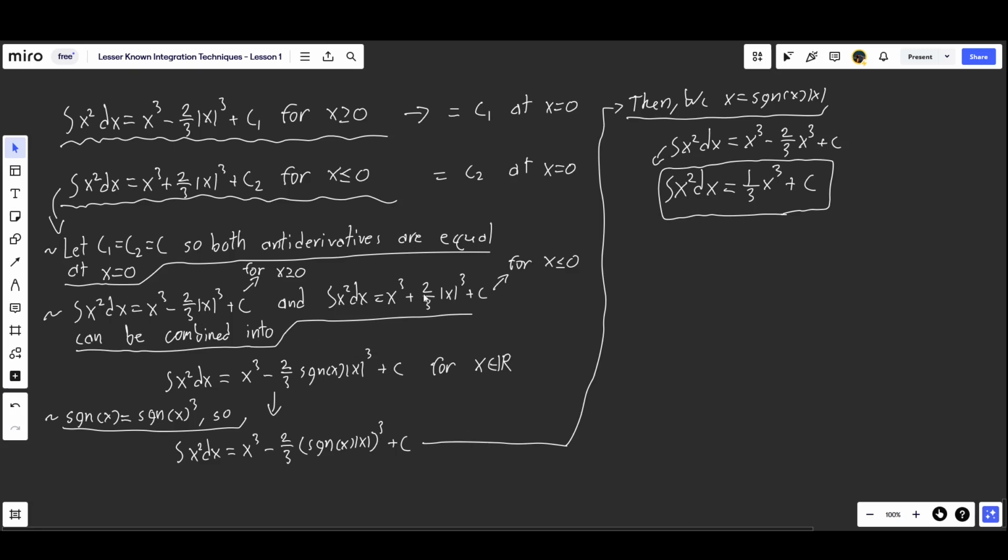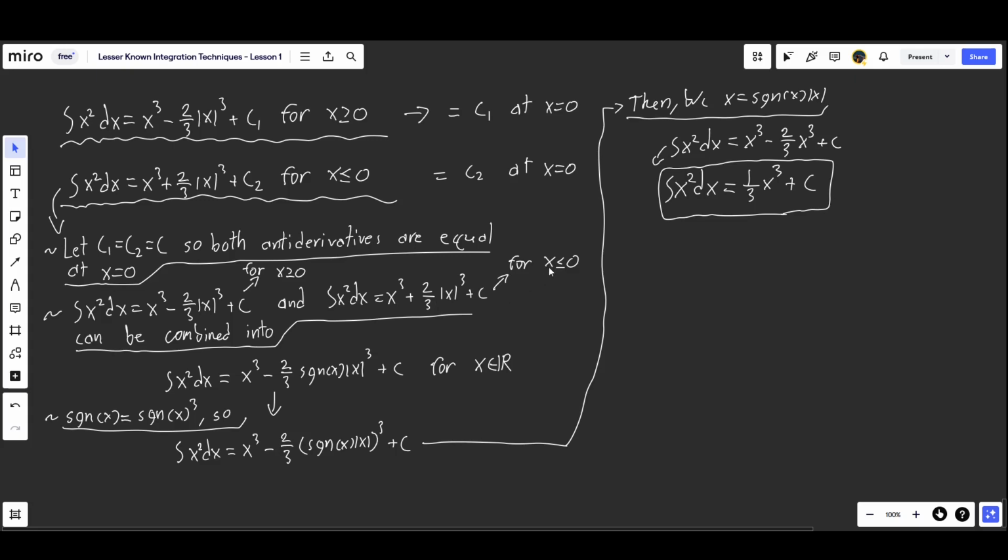Now, because these two antiderivatives only differ from each other by the sign before the 2 over 3, we can further combine them into one antiderivative by recognizing that for x greater than or equal to 0, because x is positive, or 0, it's not contributing to flipping this negative sign.